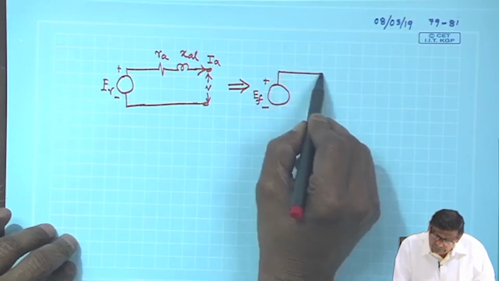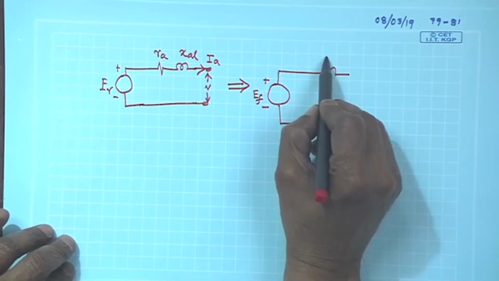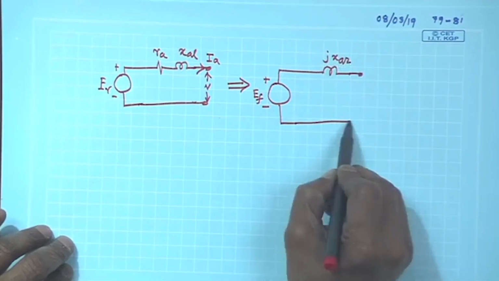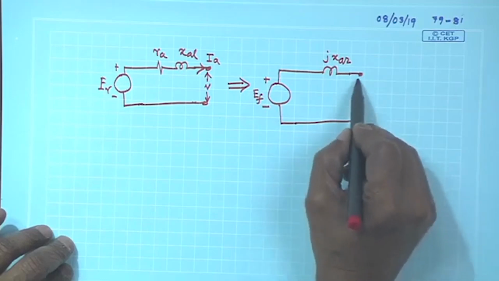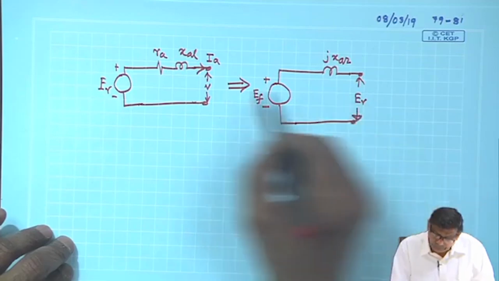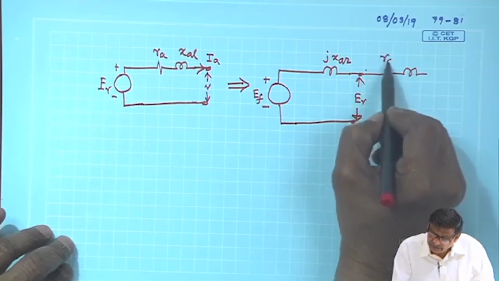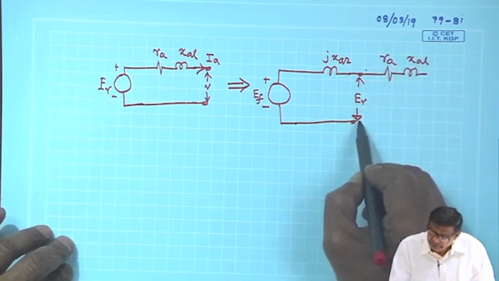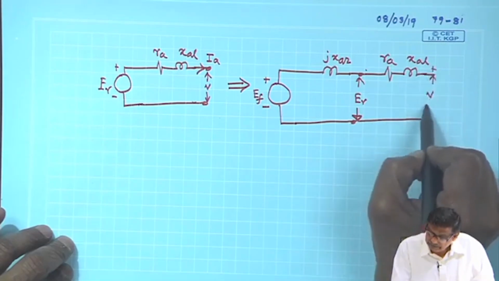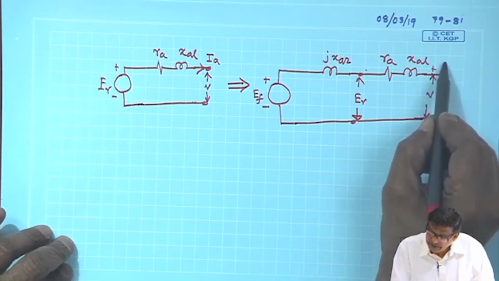Then here you have one reactance J XAR, and then I will show my ER here, and then your RA XL, and then your terminal voltage V per phase, and it is delivering a current of IA.